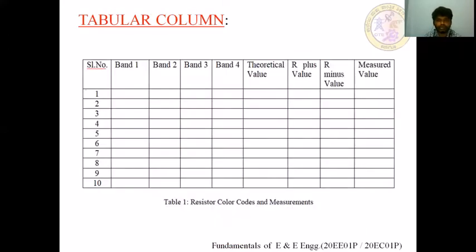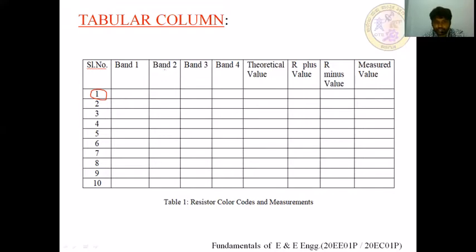Next, the tabular column. In the tabular column, we are considering 10 resistors. For the first resistor, we write the first band color and the respective number in this table.